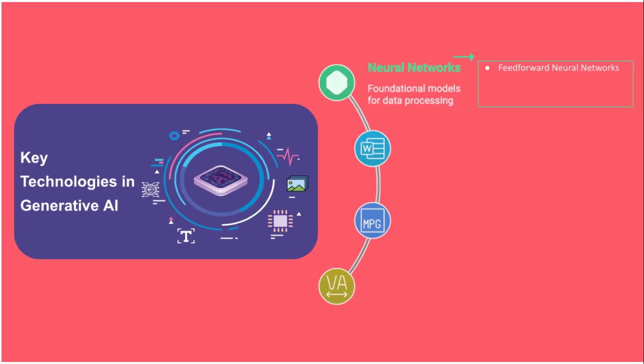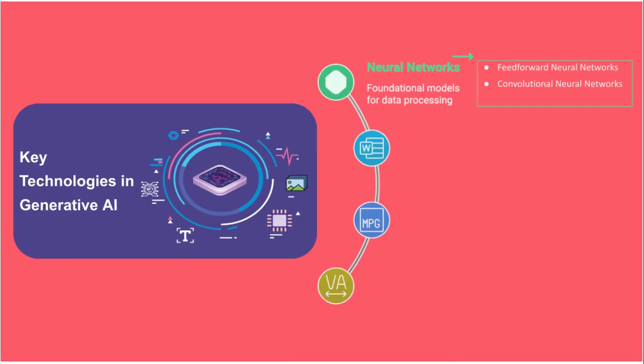Different types include feed-forward neural networks, FNNs, for simple tasks, convolutional neural networks, CNNs, for image processing, recurrent neural networks, RNNs, for text and speech generation, and transformer networks, which power advanced AI models like ChatGPT and DALL-E.